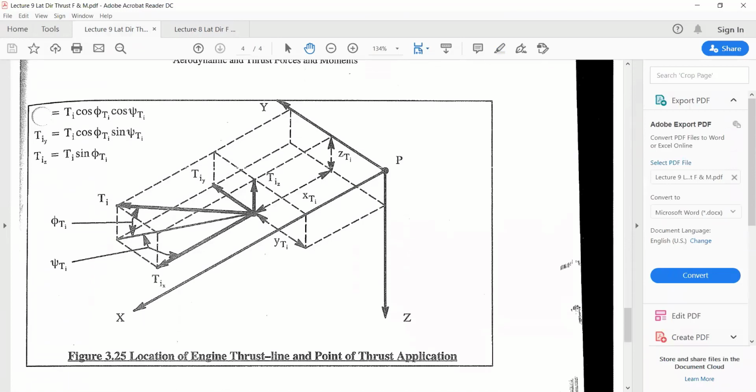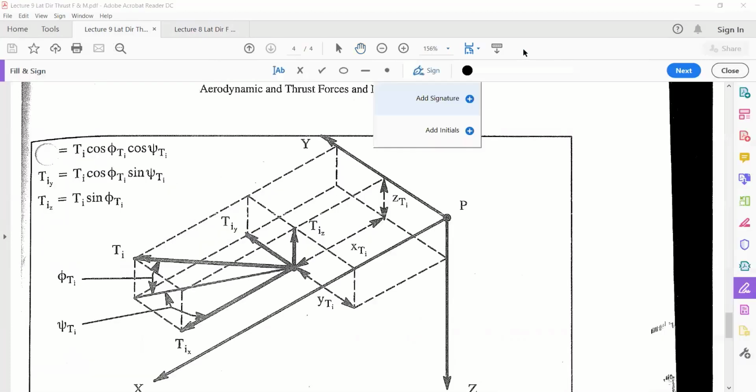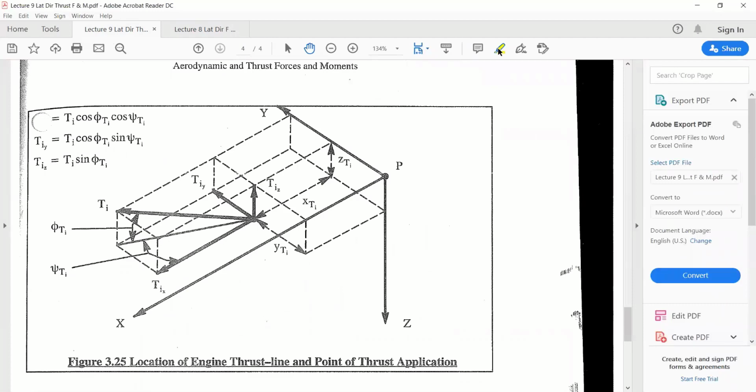So if it's not symmetrical, then you have to go through all of this junk. So the thrust line, here's the thrust vector here.